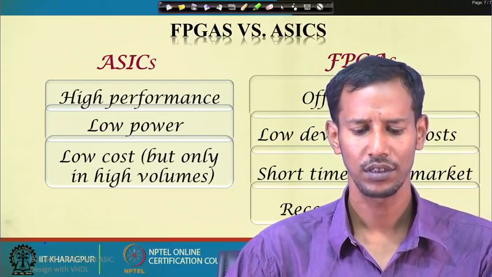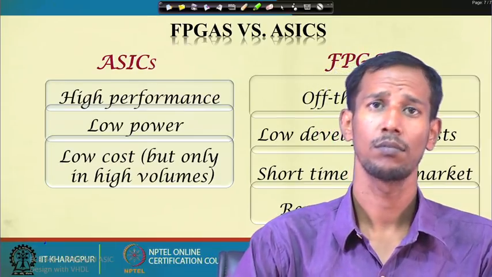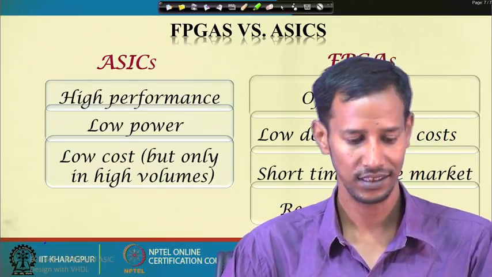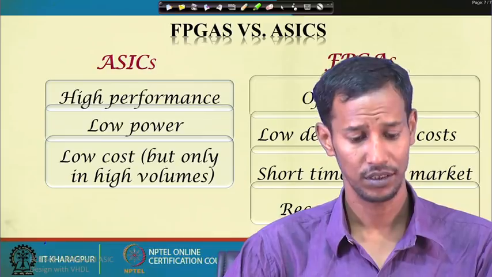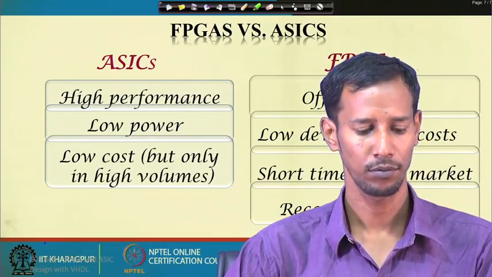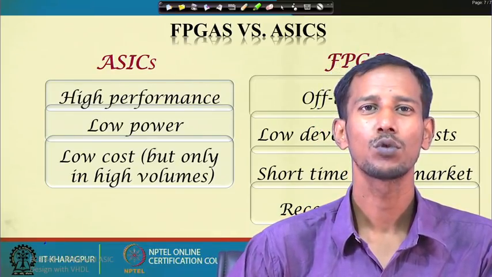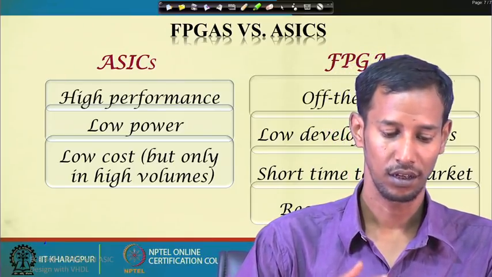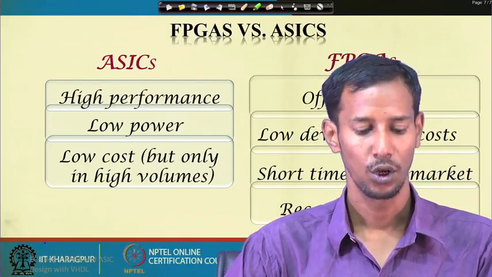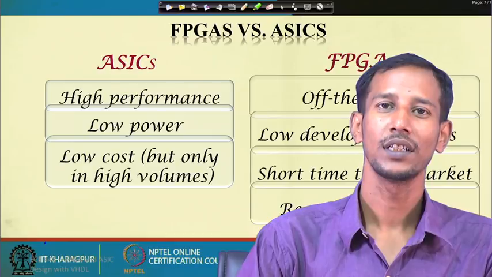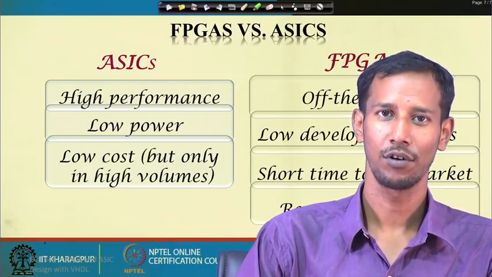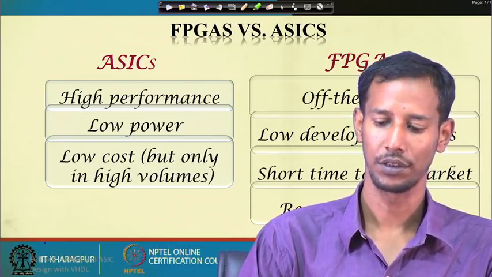The difference between programmable devices and ASIC is that ASICs give you high performance, consume low power, and are also low cost whenever you are designing for high volume applications.